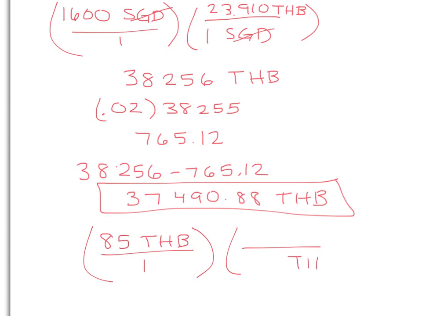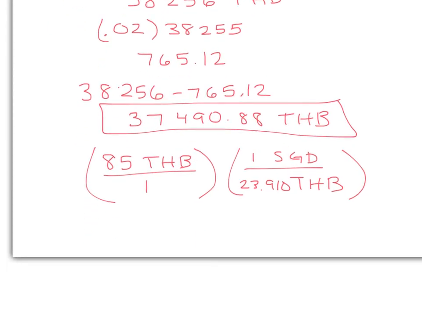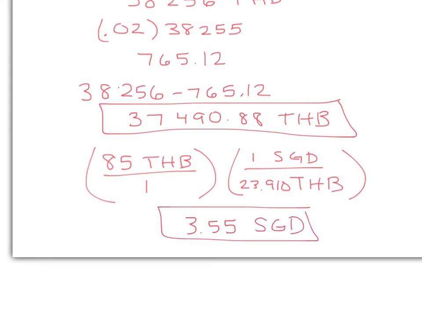Well, Thai baht has to be on the bottom so that it will cancel. 1 Singapore dollar goes on the top. And so that has us dividing 85 divided by 23.91. And that tells us that it is only costing her 3.55 of the Singapore dollars. So her hat was only 3.55 Singapore dollars.